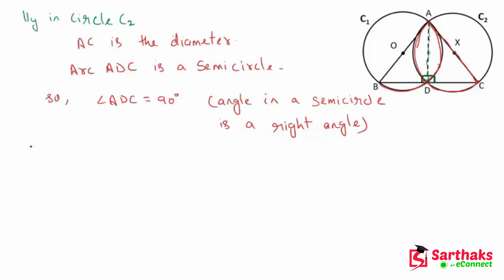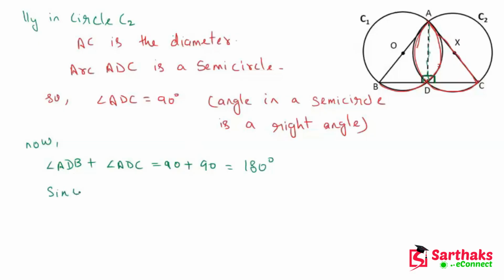Now angle ADB plus angle ADC is equal to 90 plus 90, so this will be 180 degrees. Since the sum of these angles is 180 degrees, they form a linear pair.